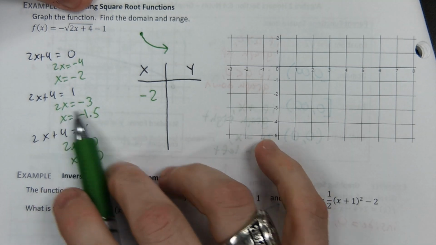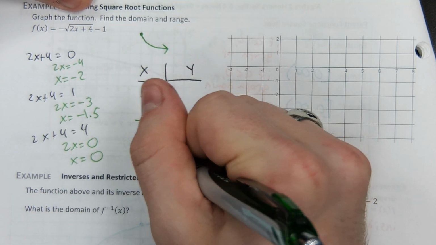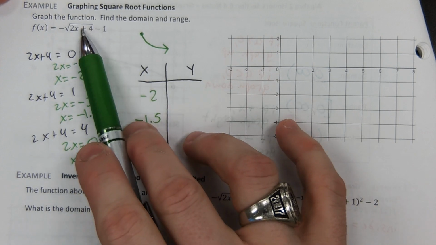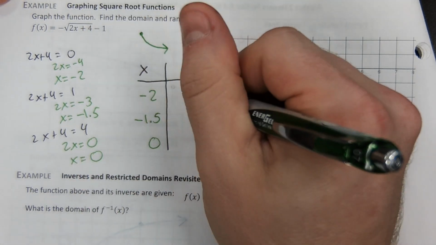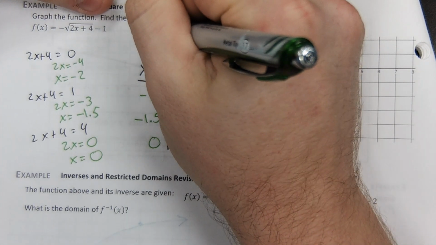Because 3 divided by 2 is 1.5. We don't have to work for the first y. We know that whatever makes the inside equal 0, comma the number to the far right, is always going to be our end point. So it actually happened at -2, -1.